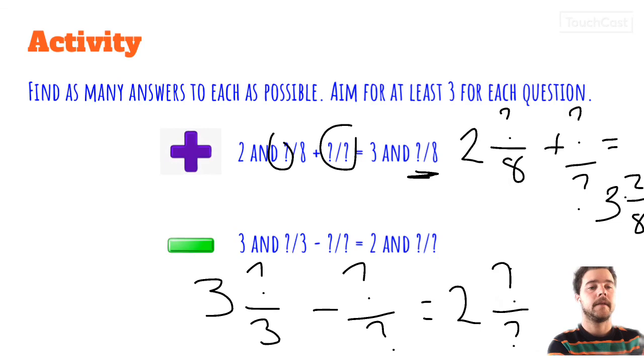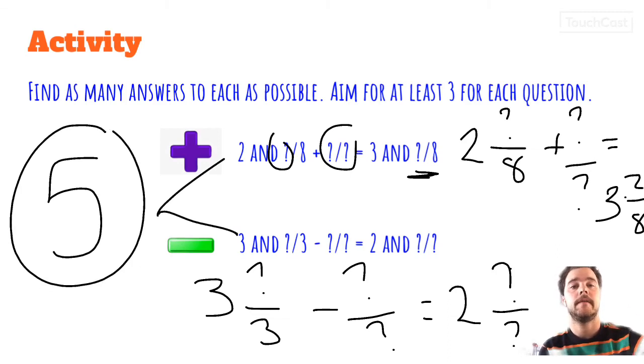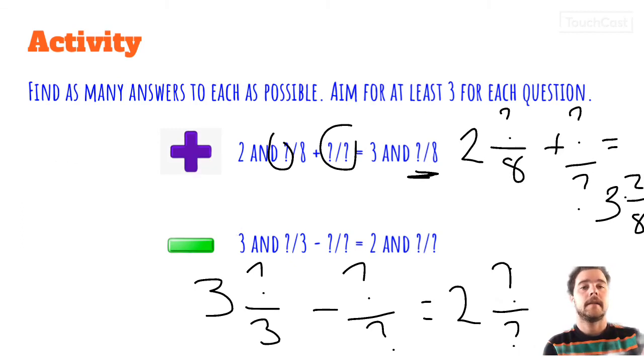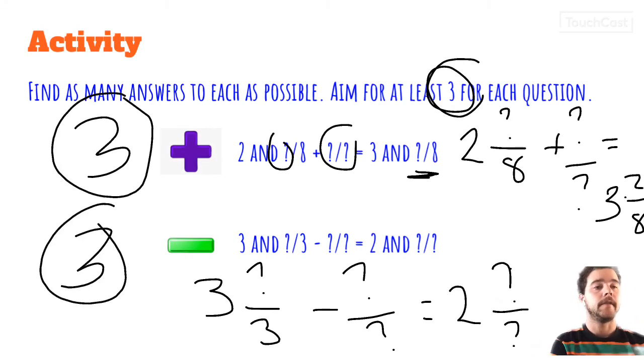Again, if it's too easy, let's aim for 5. We're going to go for 5 different answers for each. No, we're not doing 5. I just realized I've written up here 3. Your lucky day. So 3 for each. So 3 for this one, 3 for this one. If you find that pretty easy, please go on to the Challenge Me.